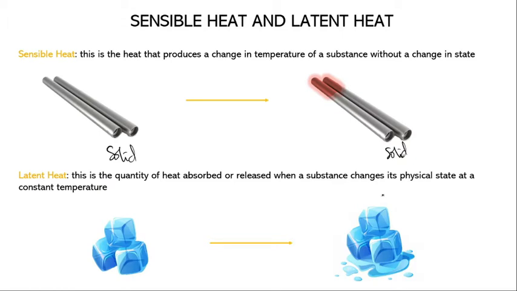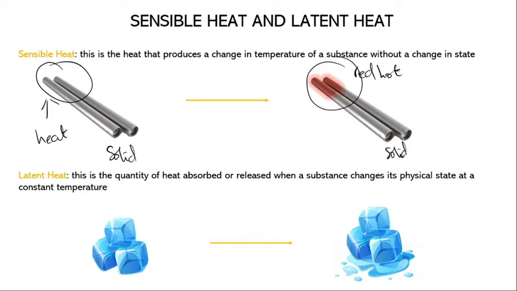The only difference between these two metal bars is that the tip over here has been subjected to heat, and it is red hot. The temperatures are not the same, so we have a change in temperature, but we do not have a change in the state of the matter. When that occurs, we classify that type of heat as sensible heat.